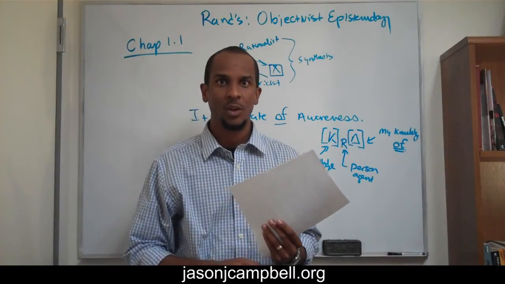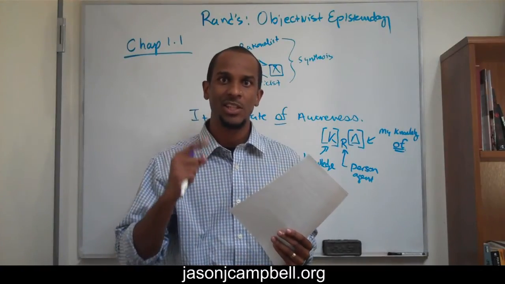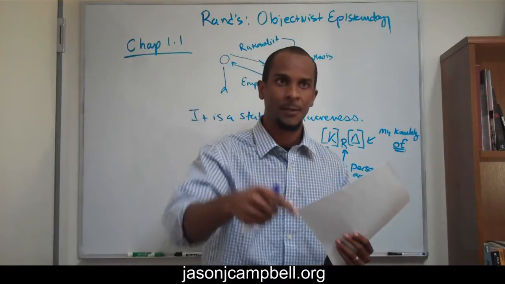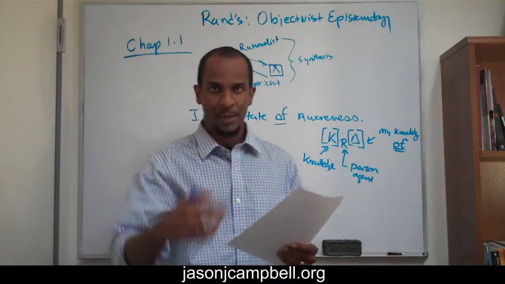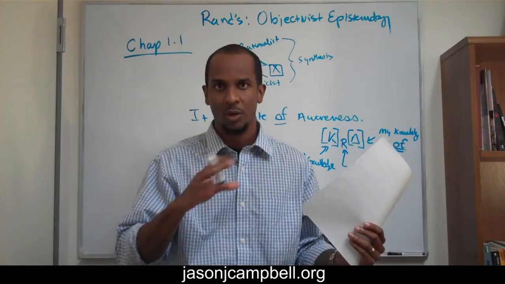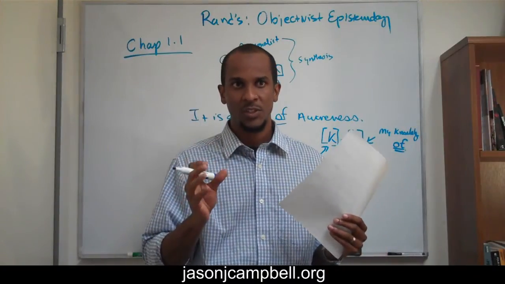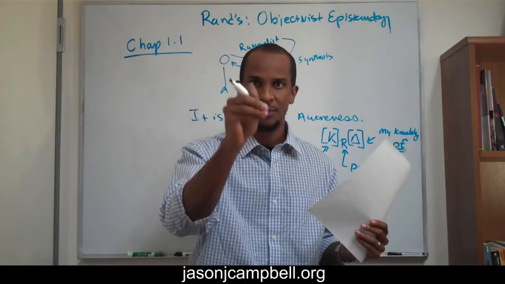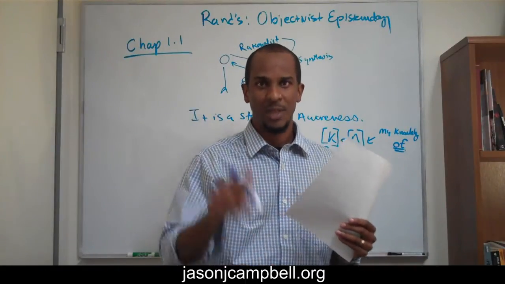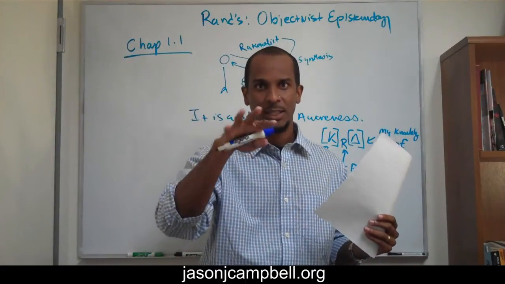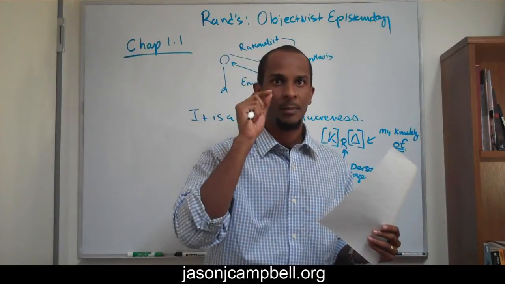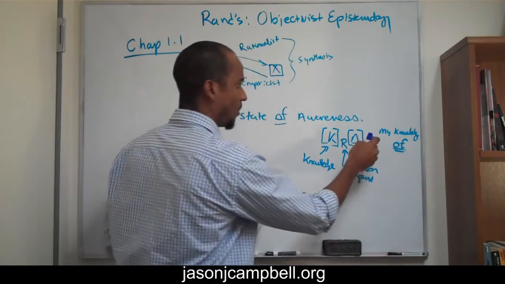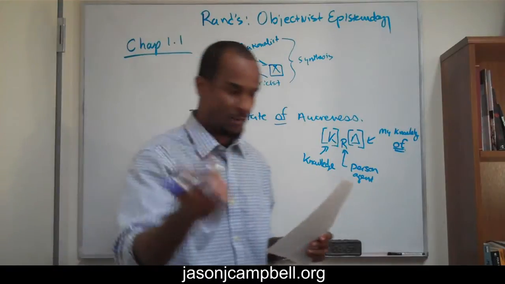Rand is talking about knowledge, but she's saying that our knowledge is always of something. I'll give examples later of people who have tried to counter her argument, but still what she's saying is that our knowledge is always directed into the world. There's some objective thing in the world, and there's a little asterisk with that claim that I'll give you in a moment. And that knowledge comes as a result of my knowledge of some state of affairs, whatever that might be.